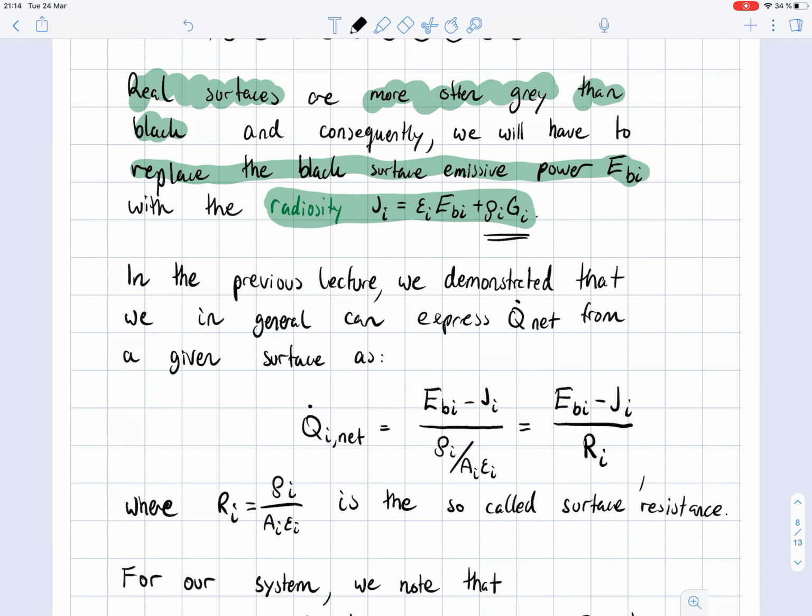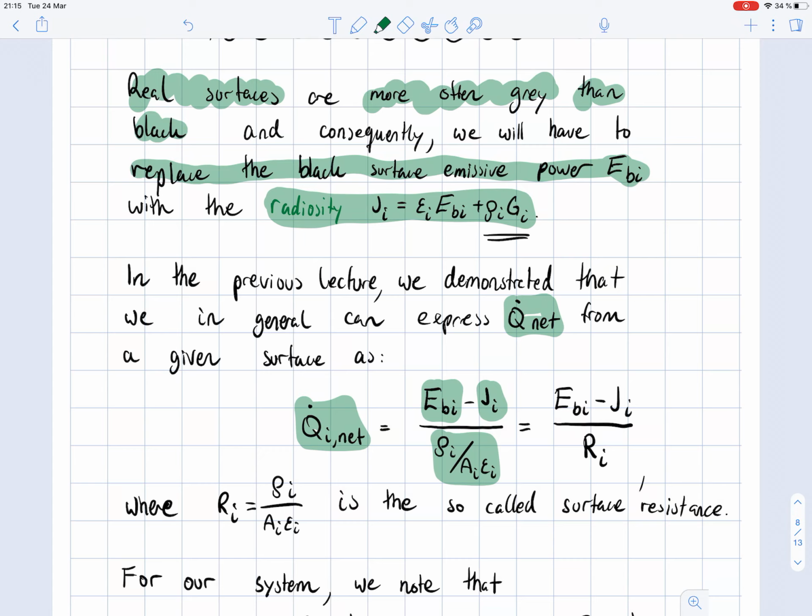In the last lecture, we demonstrated that the net heat flow rate from a surface can be written as the emissive power minus the radiosity, divided by the reflectivity divided by the surface area multiplied with the emissivity.